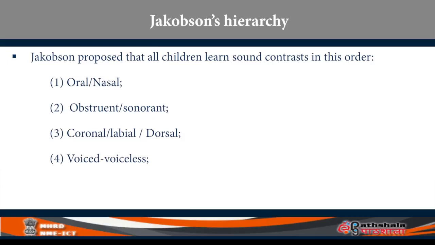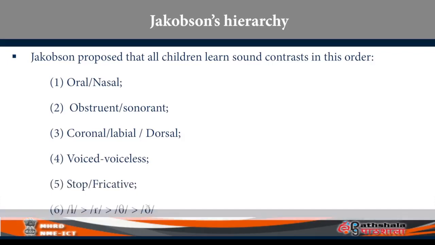And fifth, they make a distinction between stops and fricatives. And lastly, the world over, he thought children continue to make mistakes between la and ra. Ra is the most difficult sound according to the inventories in most textbooks; children don't learn ra till they're 4 or 5 or even 6 years, or even the distinction between the fricatives th and the. So this is the hierarchy that Jakobson proposed.